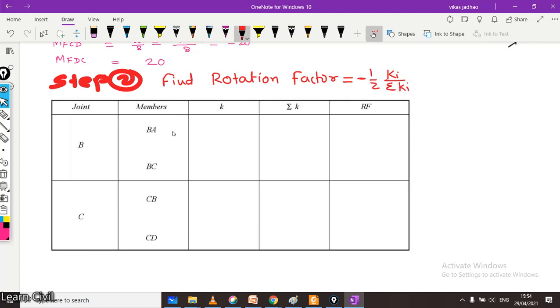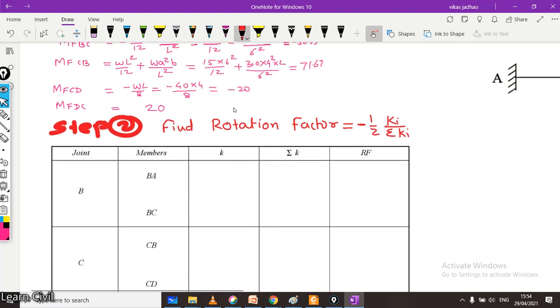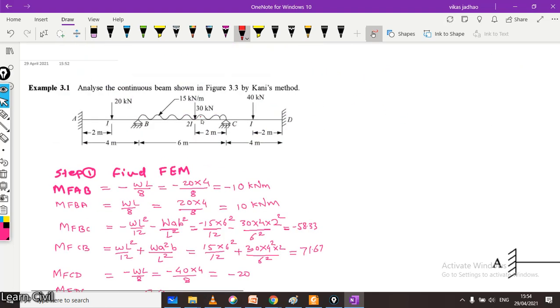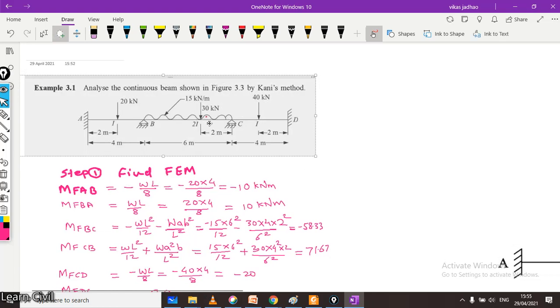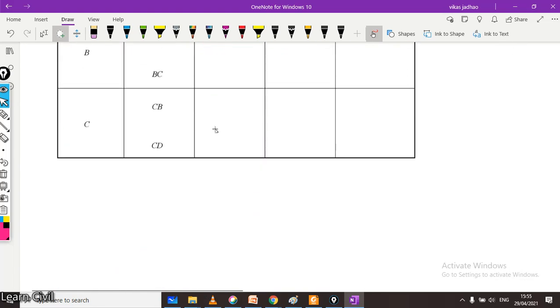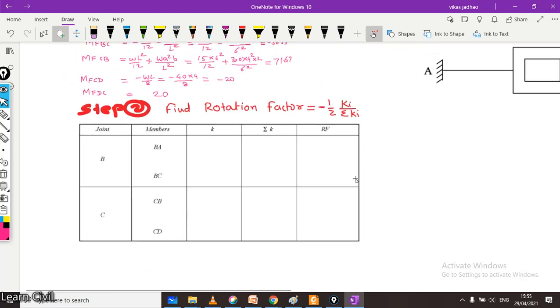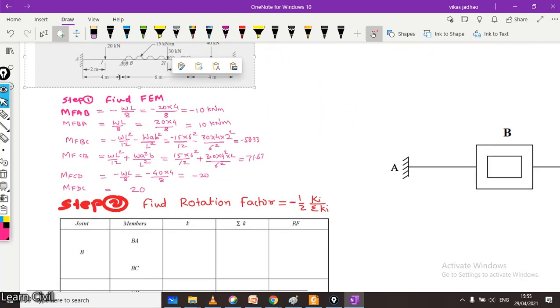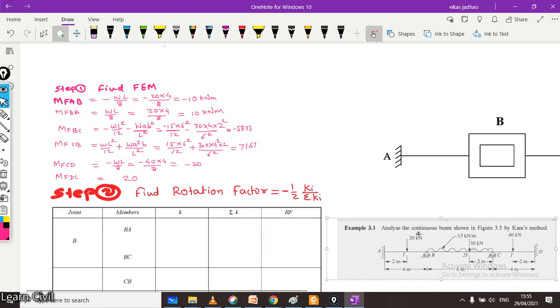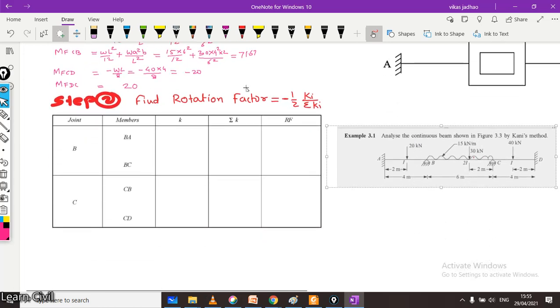So for finding out the rotation factor, we have to prepare a table like this. I'll take the diagram here. We have to prepare a table like this and find out the rotation factor.